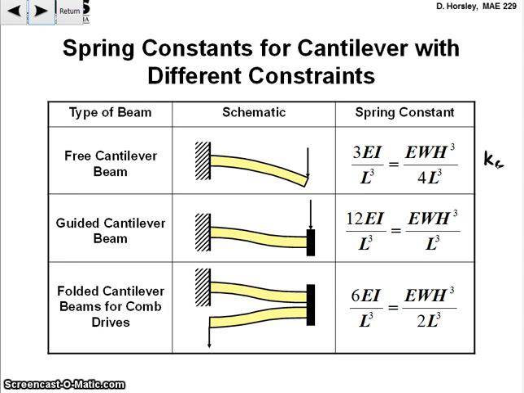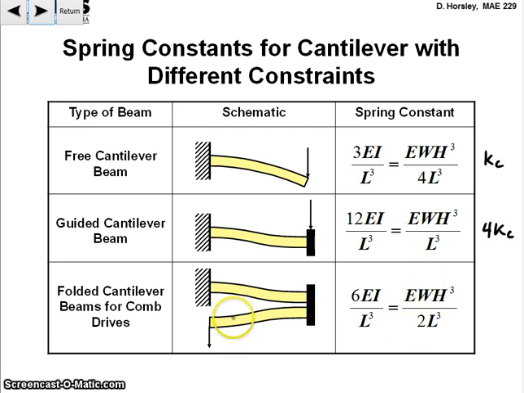I'm going to go through and solve a couple of these later, but this is the one that I derived. If we had what's called a guided cantilever beam, and if we look at this formula, this is sort of a useful summary table, you can see that it is 4 times, right, because this one has 4 in the denominator and this one doesn't. We could write this as 4 times the cantilever spring constant.